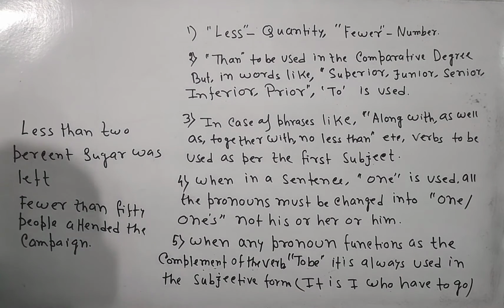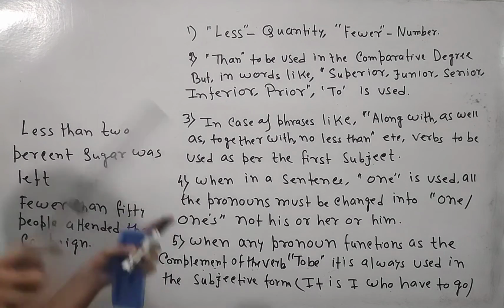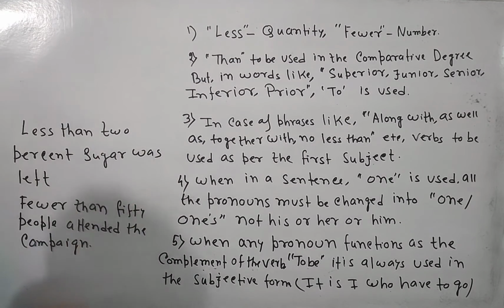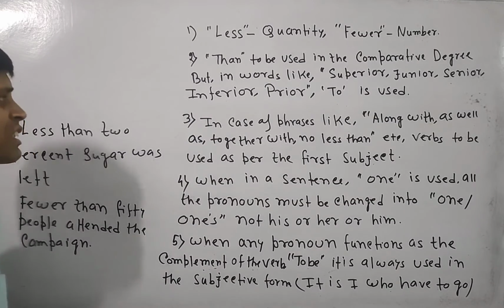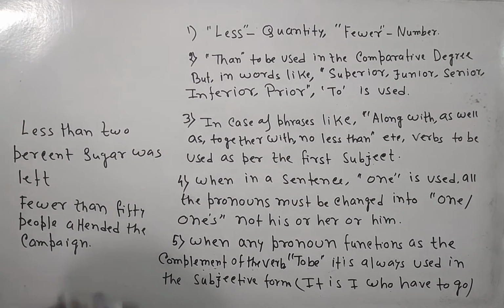Than may function as a preposition or as a conjunction. But in the comparative degree format, than generally functions as a linker or conjunction. There are some exceptions to the rule. In words like superior, junior, senior, inferior, prior, to is used.